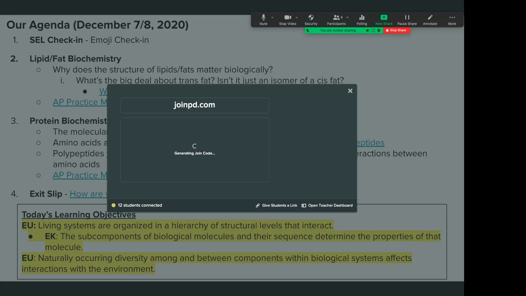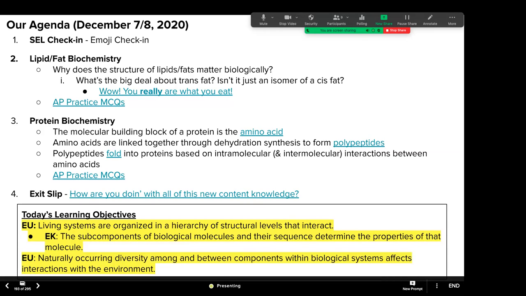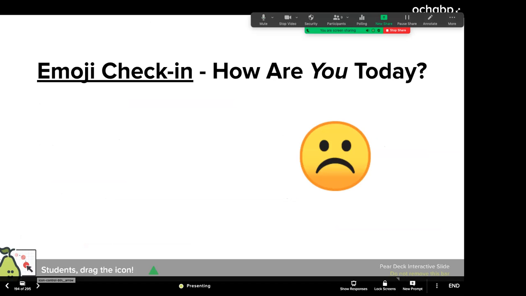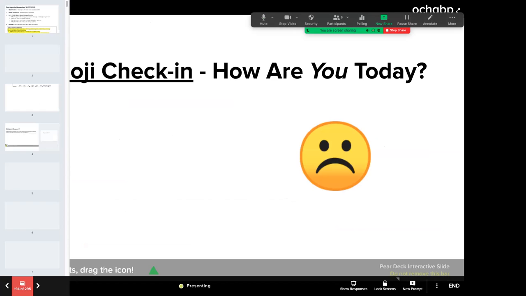Oh, wonderful. Still not going. Okay, now it's moving, right? All right, let's get to the right slide.